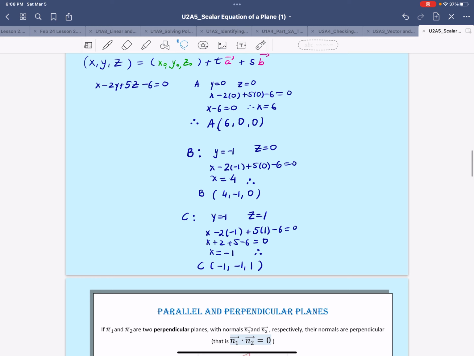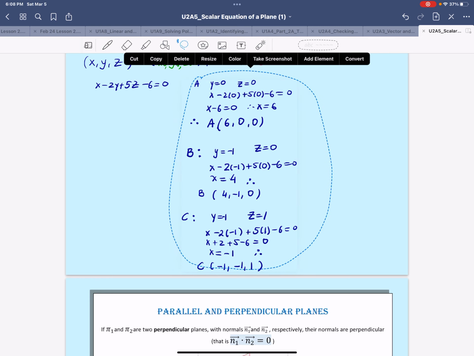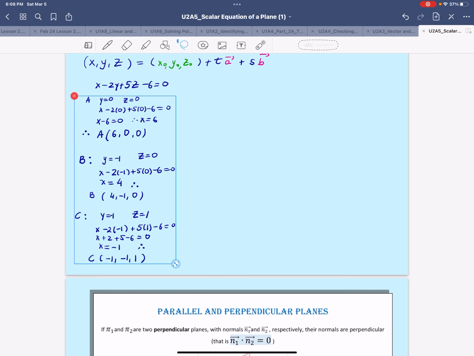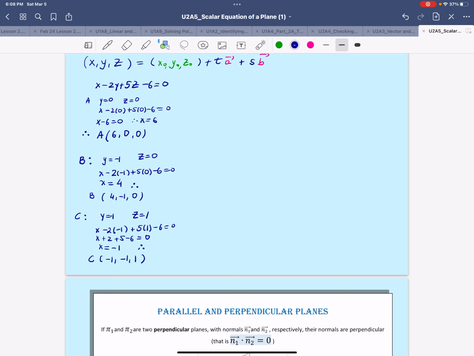So I'm going to organize the work here a little bit, put it on the side, because we're going to need a little bit of room afterwards. I like to actually highlight the findings, so the points A, B, and C. And now this problem becomes similar to example 2, where you had the coordinates of 3 points and you had to determine the equation of a plane.